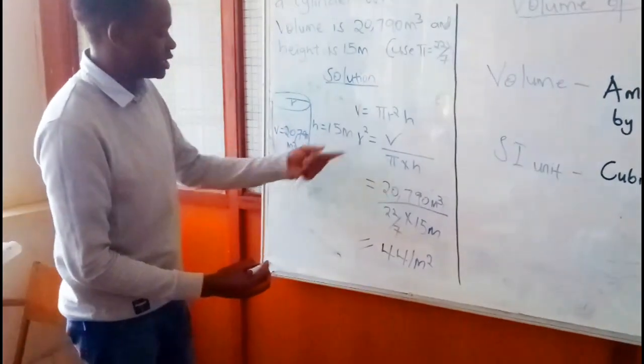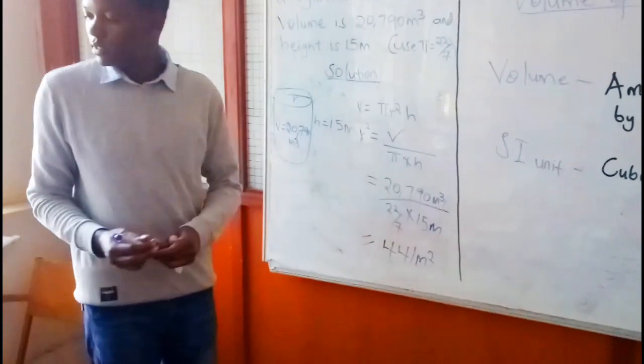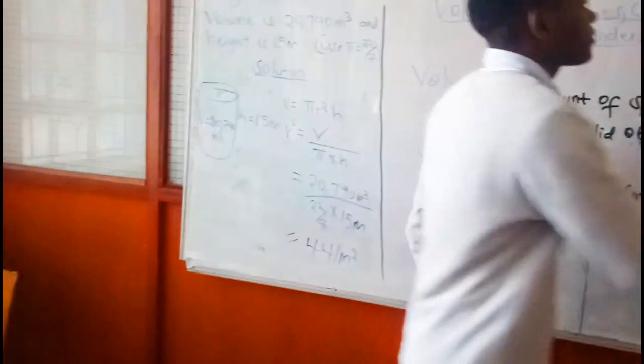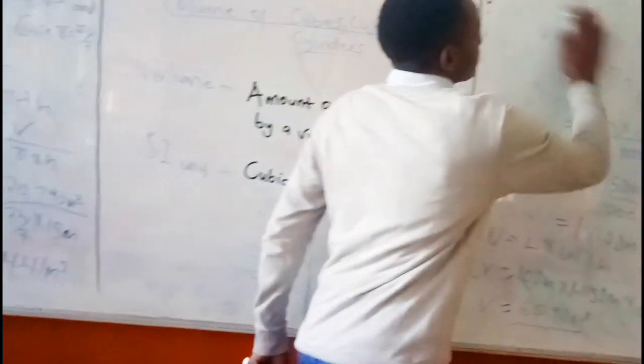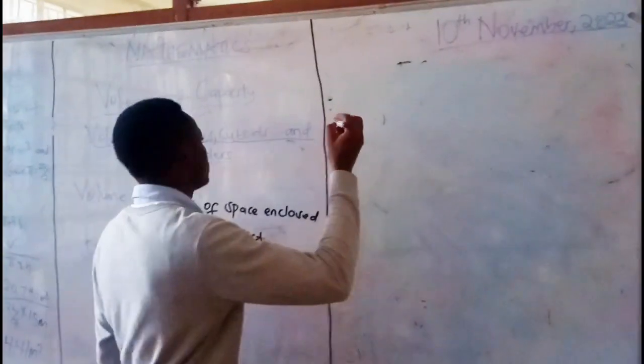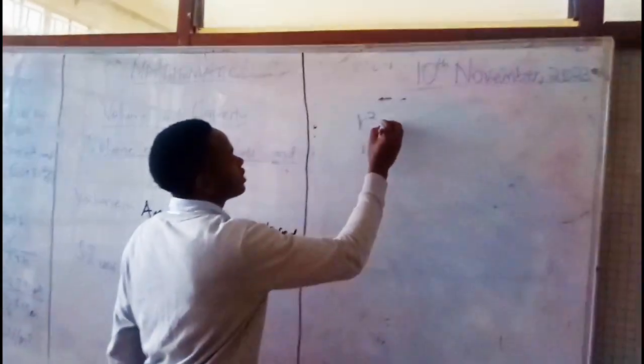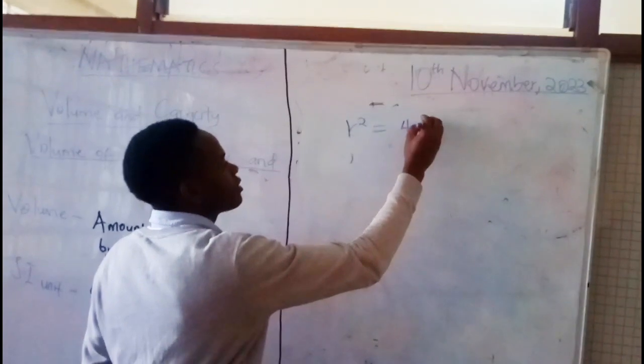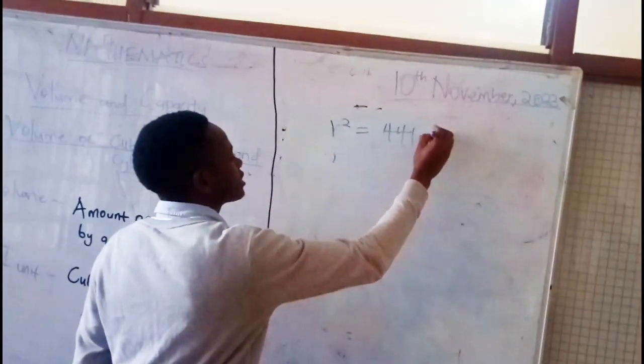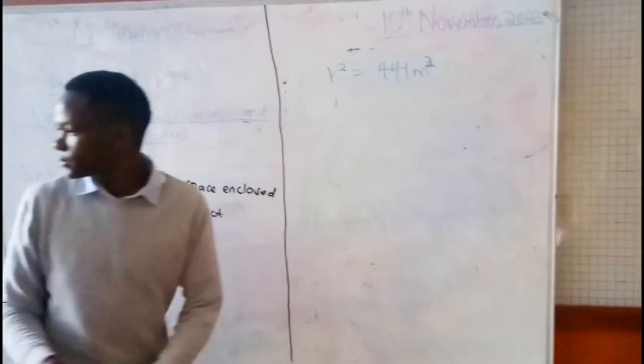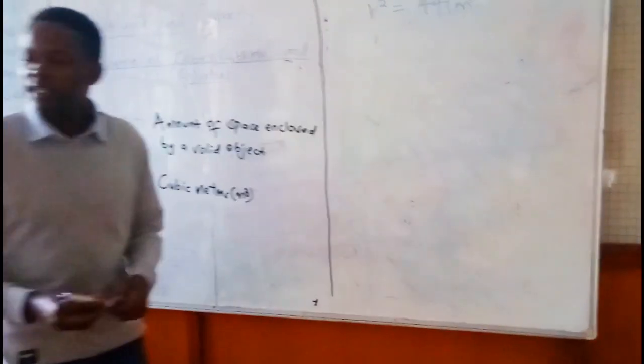This one you are equating it with r squared. So we have r squared, which is the same as 441 meters squared. Find the value of the radius.